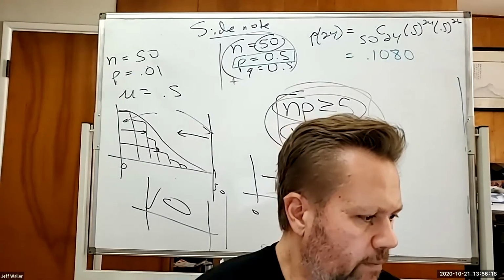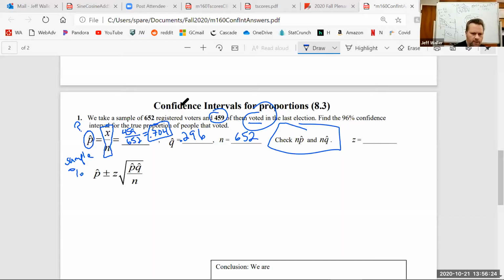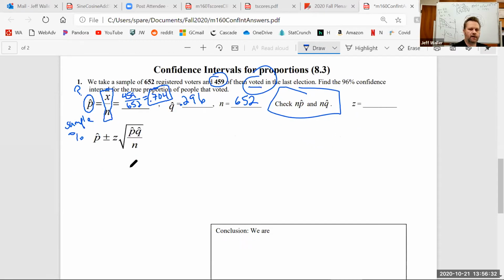So that's what I mean on this handout when I say check np. Now that we're back to this, stay with me. The whole point of making a confidence interval for the proportion or the percentage is because I don't know what P actually is.